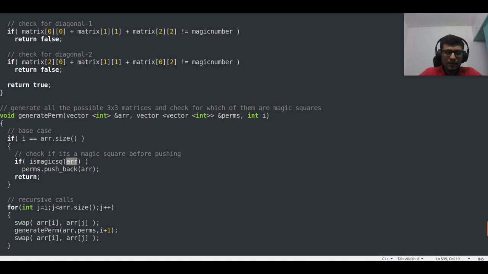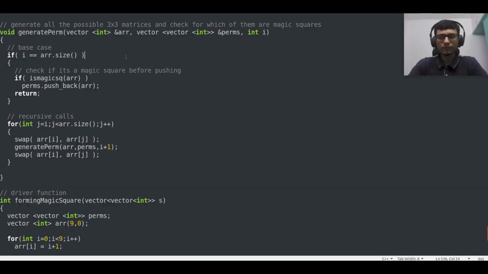If this permutation is forming the magic square, then isMagicSquare will return true, and we'll store that inside this perms array, which holds all the permutations which are forming the magic square, and after that we'll return. So this was about how we can incorporate the isMagicSquare function inside the base case to find all the magic squares and store them inside the perms array.